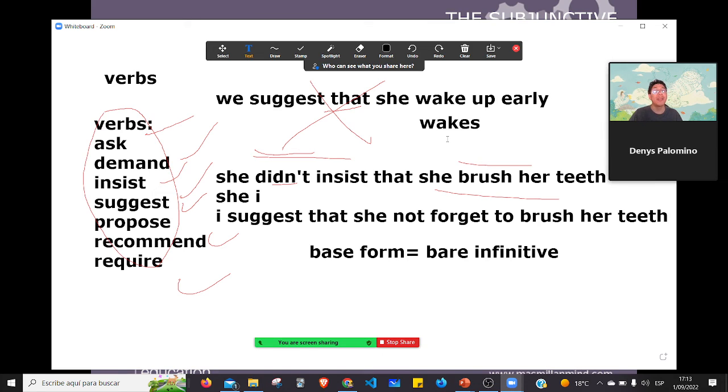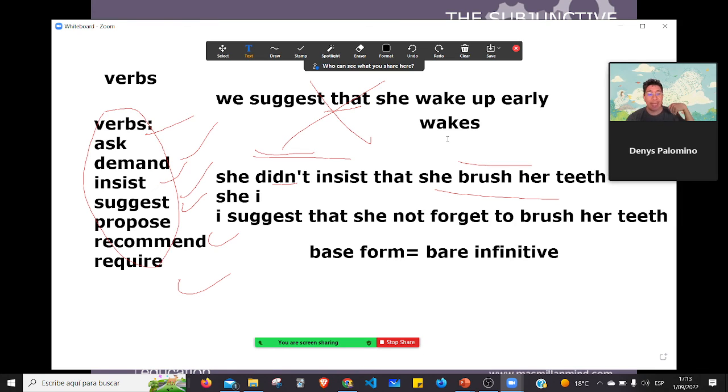No está sugiriendo nada. Nosotros sugerimos que ella se despertase temprano. El otro, que se despierte temprano. Para ti normalmente en español se traduce como sugerimos que se despierte temprano. Pero en inglés no. En inglés tienes que usar el subjuntivo para poder usar esta oración. O para poder dar este consejo con el that. ¿Quedó claro? Esa es la diferencia.